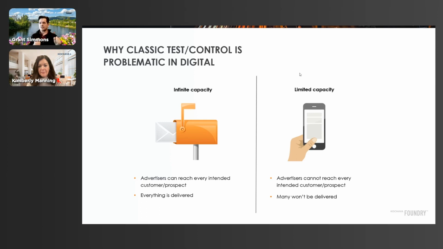And even if I walk to my mailbox and pick up that Victoria's Secret catalog and go, oh, that's not for me, and throw it in the trash can, that impression has still been met, meaning the throughput was still 100%. And the reason direct mail cares about it so much is that CPM cost, right? They have to get that throughput.